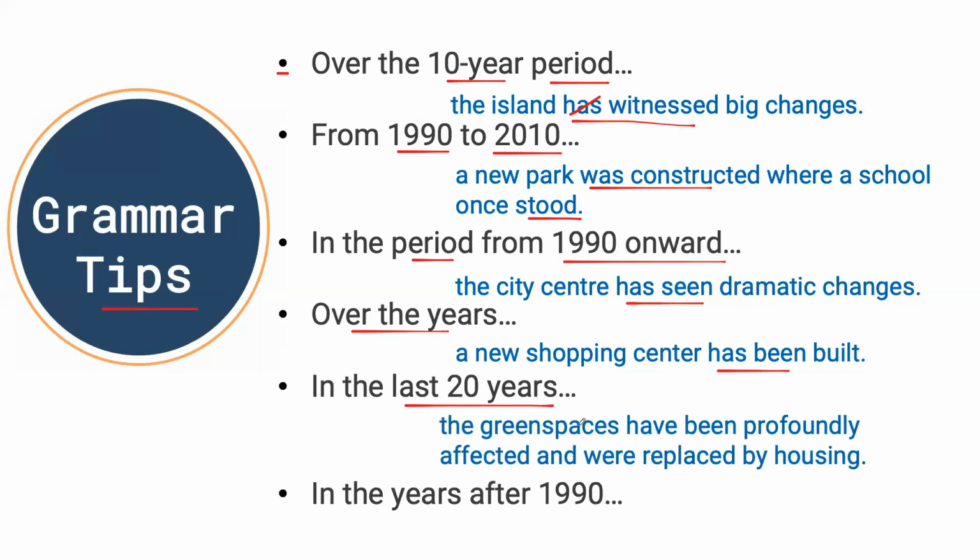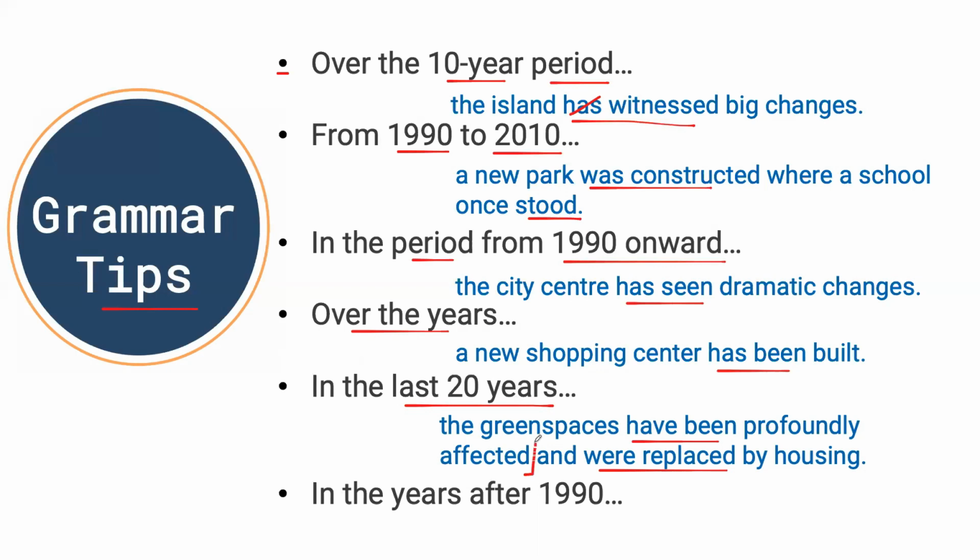In the last 20 years, the green spaces have been profoundly affected and were replaced by housing. So this is a mix. This is really great for your grammar, especially an advanced level of grammar. In the last 20 years, the green spaces have been profoundly affected.